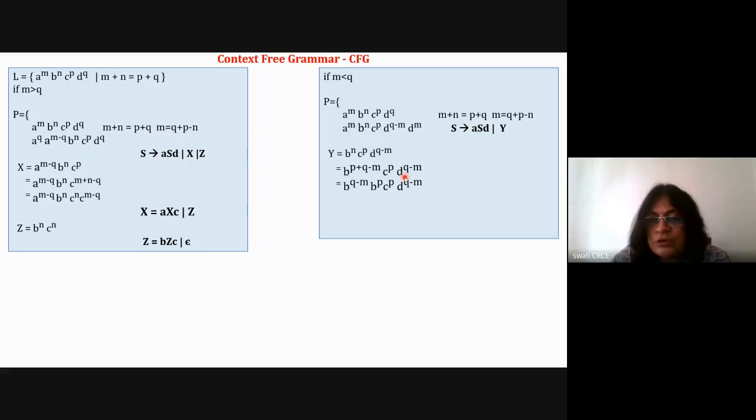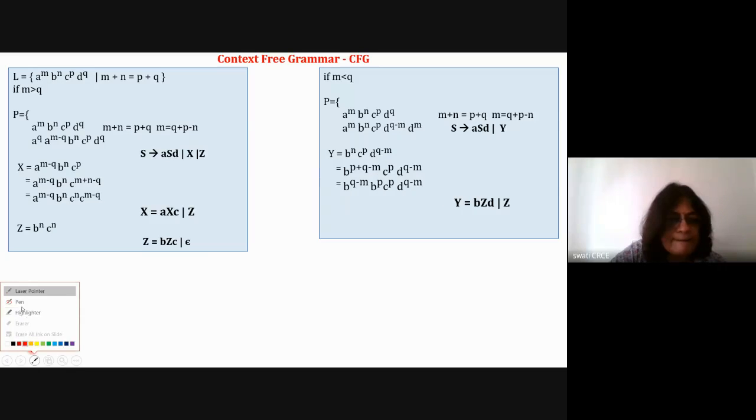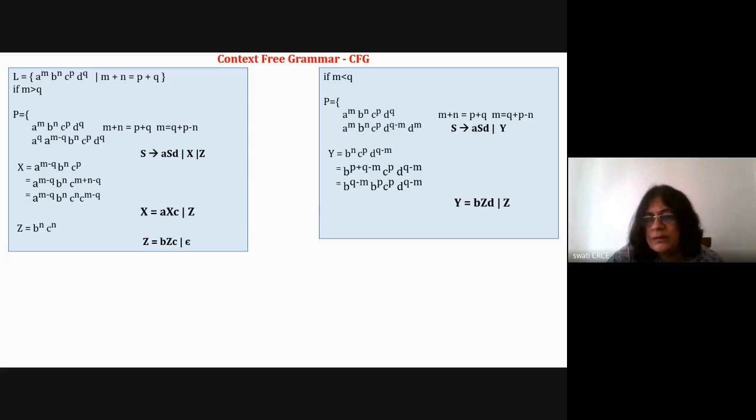So I'll say that Y is equal to BYD or Z. And then Z will be B raised to N, C raised to N. So Z will be BZC or epsilon. Okay, so this way it is going to work.